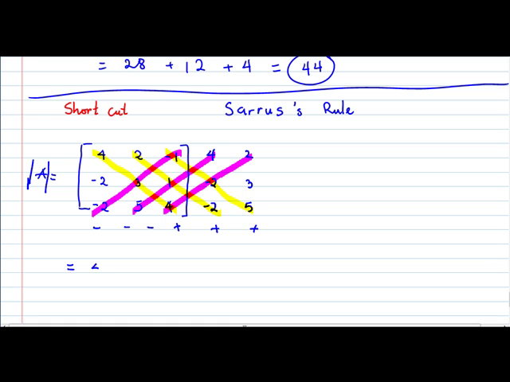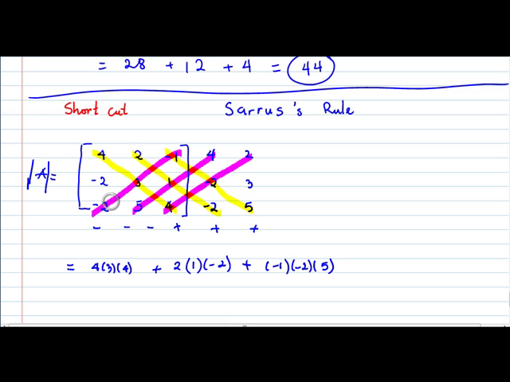So we have 4 times 3 times 4, plus the plus here, and then the diagonal here will be 2 times 1 times minus 2, plus the product of this guy, which will be minus 1, minus 2, and 5.